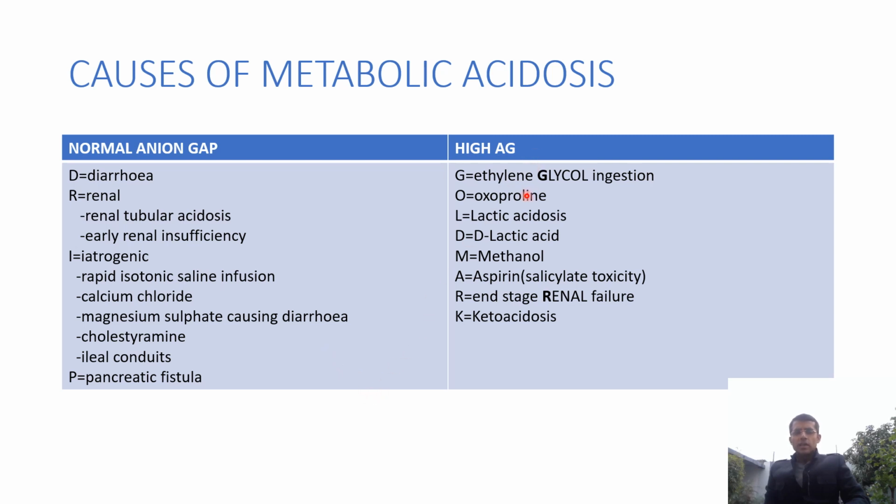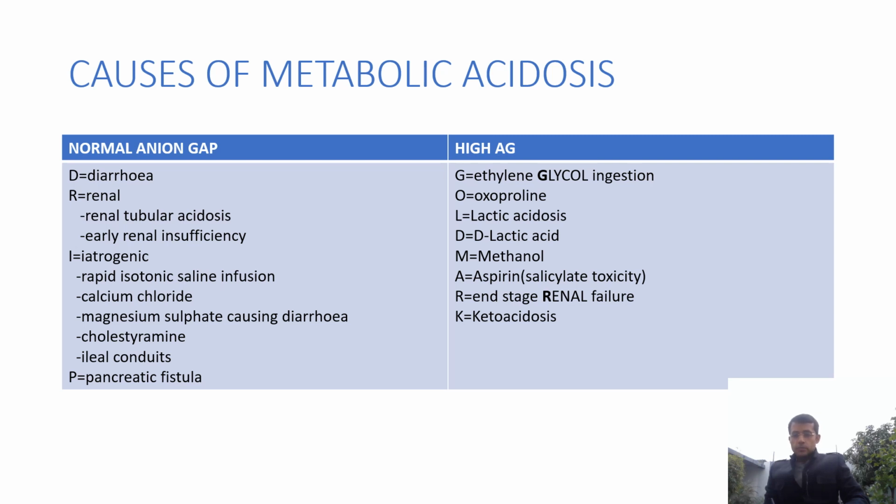What are the causes of high anion gap metabolic acidosis? Ethylene glycol ingestion, oxoprolines, lactic acidosis, D-lactic acidosis, methanol, aspirin, salicylate toxicity, end-stage renal failure, ketoacidosis. So you see practically patients coming with sepsis, renal diseases, end-stage liver failure, all these present with high anion gap lactic acidosis.